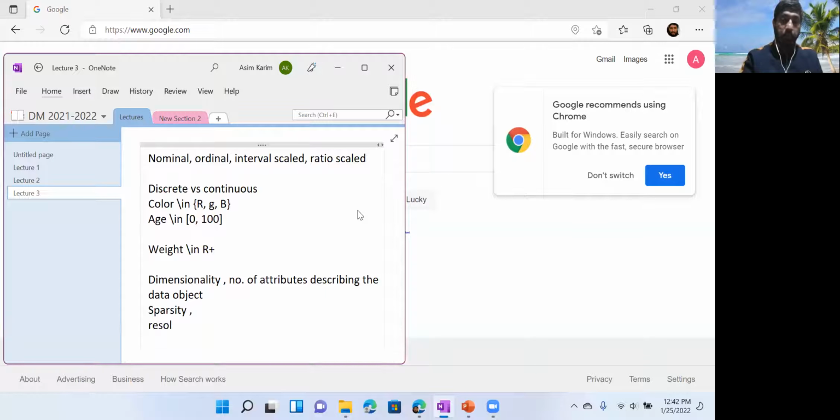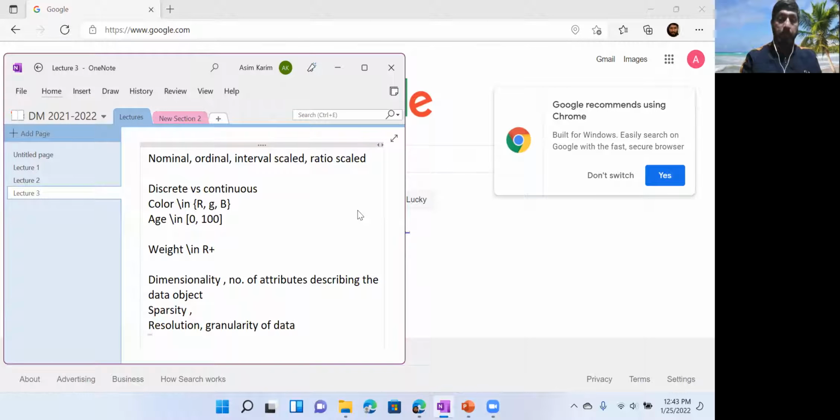Then we have resolution. Resolution basically refers to, you can say, granularity. For example, is your data aggregated or raw? That is one example of granularity. Do you have information at the highest level of granularity or at a lower level?